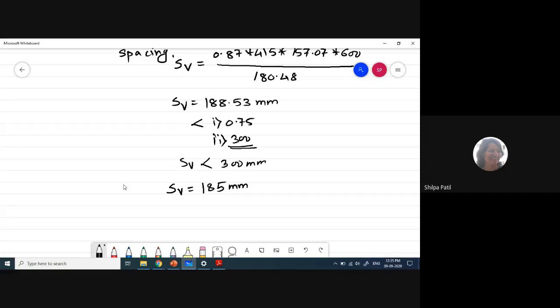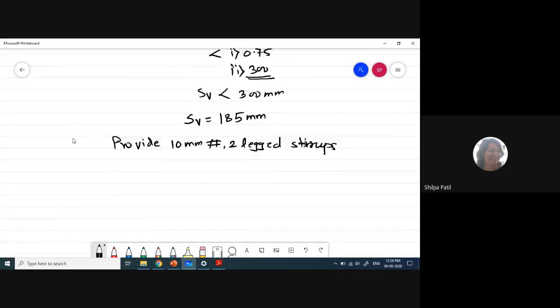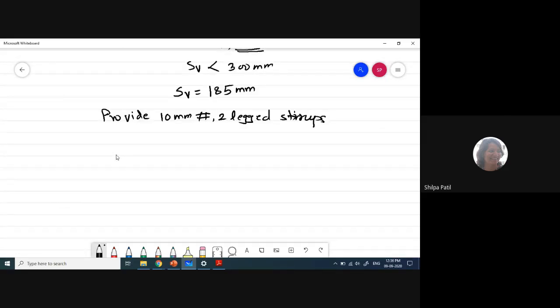Okay, so just write down: provide 10 mm diameter two-legged stirrups at 185 mm spacing, center to center spacing, in zone 2.